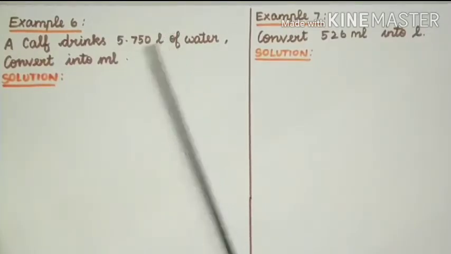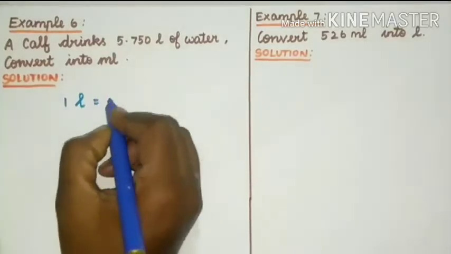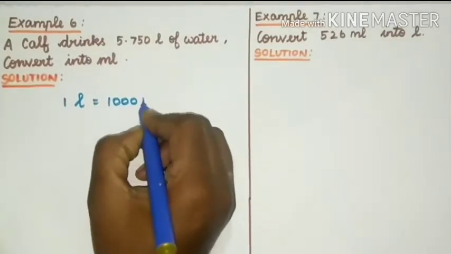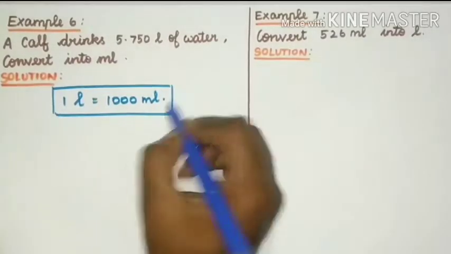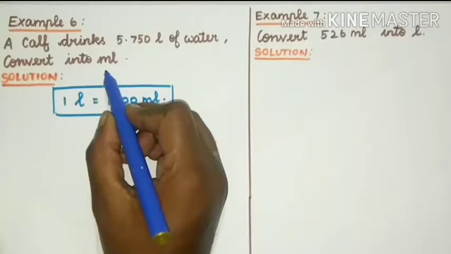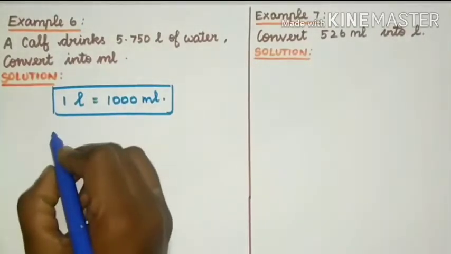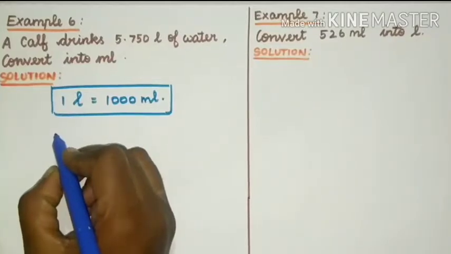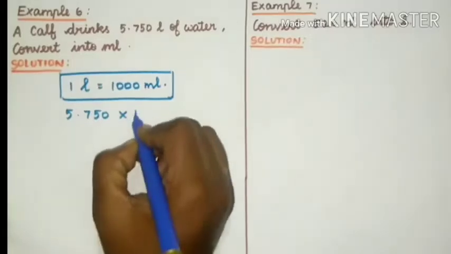See, here we have to convert liter into milliliter. 1 liter equals 1000 milliliter. So we have to multiply it by 1000. 5.750 into 1000.